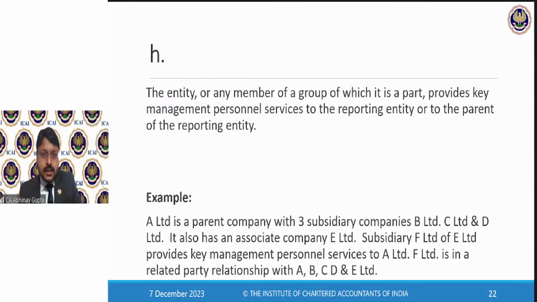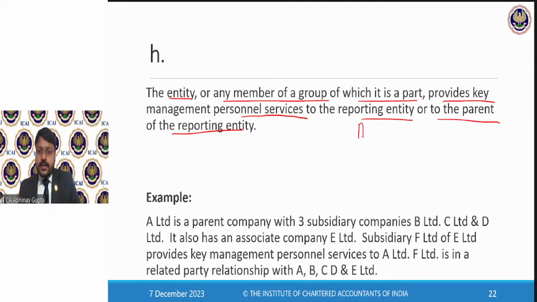Then the next clause is: the entity or any member of the group of which it is a part provides KMP services, personal services, to the reporting entity or to the parent of the reporting entity. Now, A Limited is a parent company.